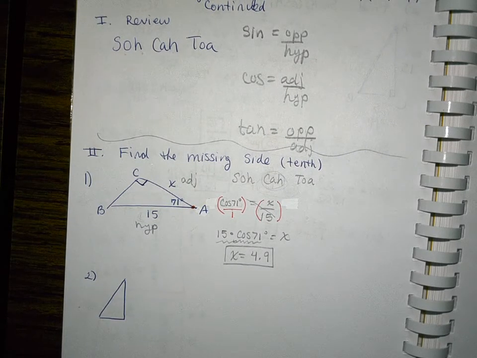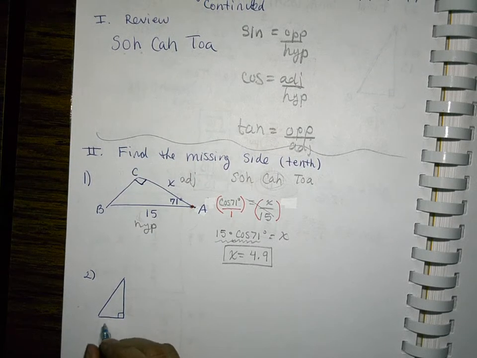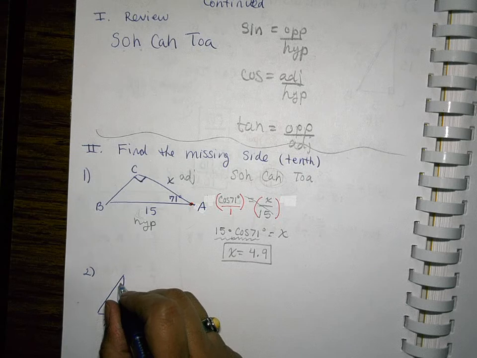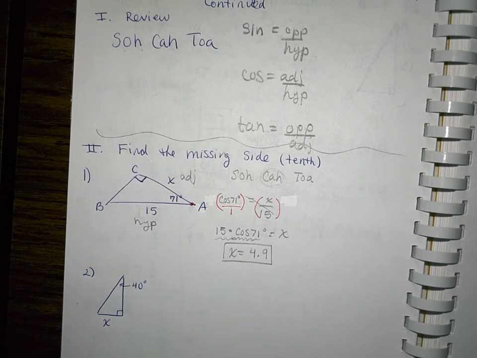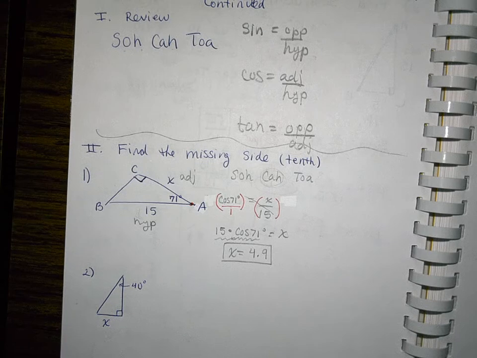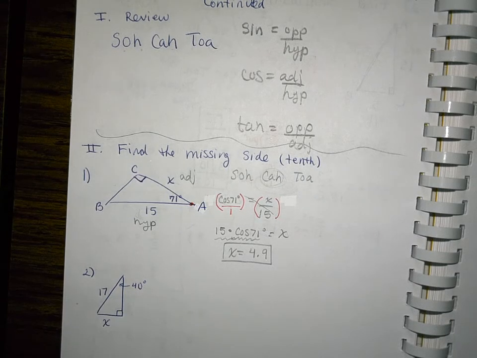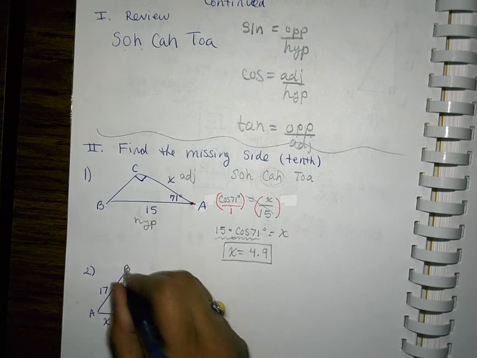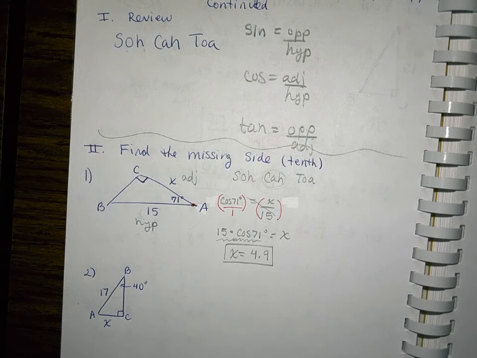Right triangle. Here's my angle. Here is x. This is 40 degrees. This is 17 degrees. ABC.